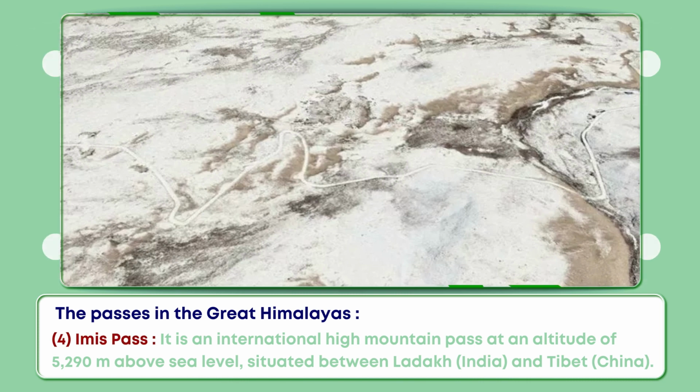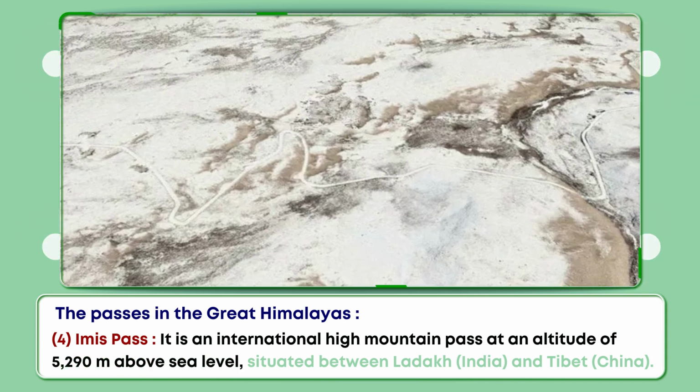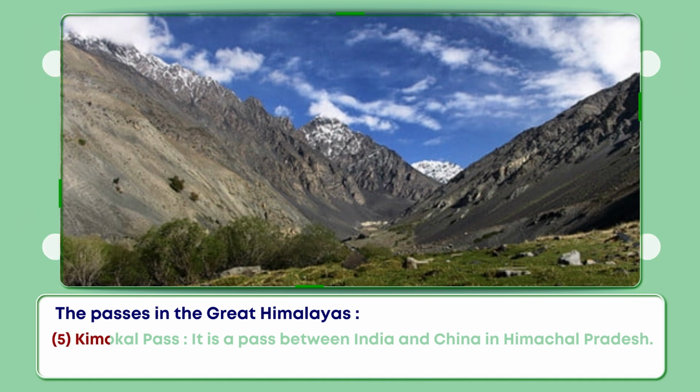Imis Pass. It is an international high mountain pass at an altitude of 5,290 meters above sea level, situated between Ladakh, India, and Tibet, China. Kimokal Pass. It is a pass between India and China in Himachal Pradesh.